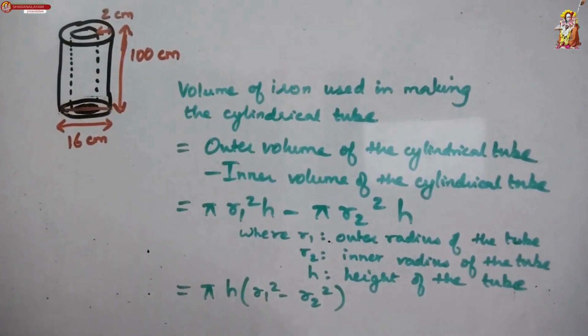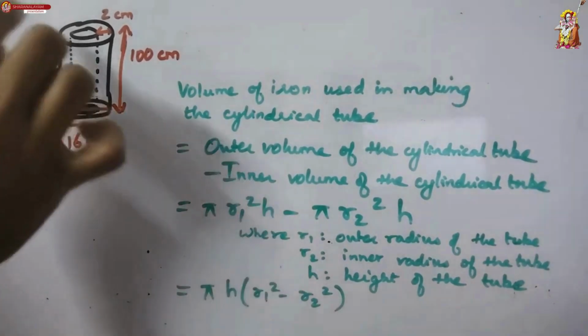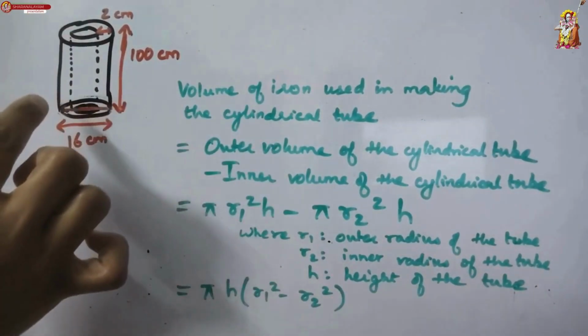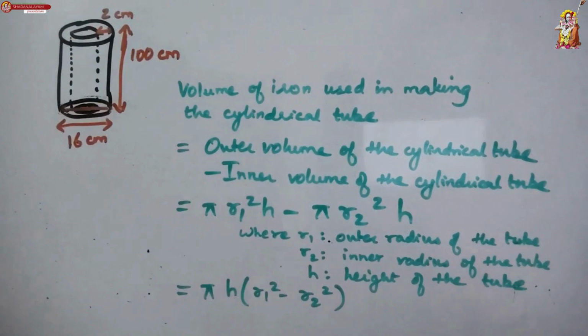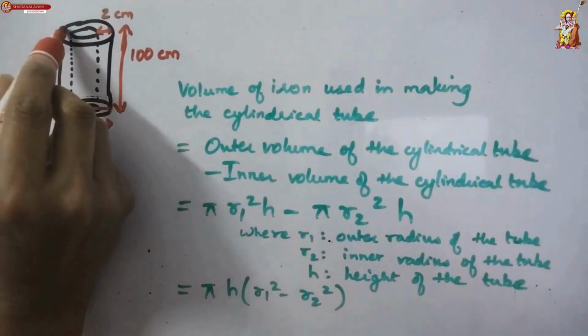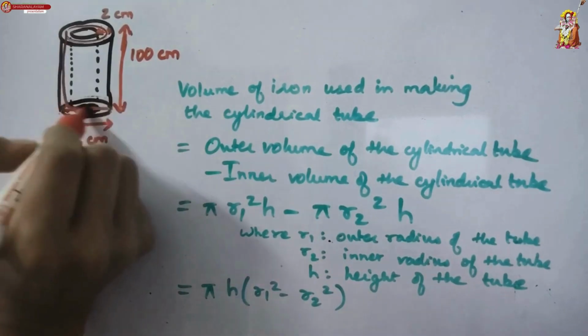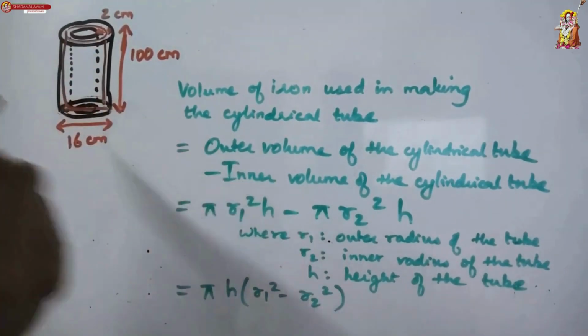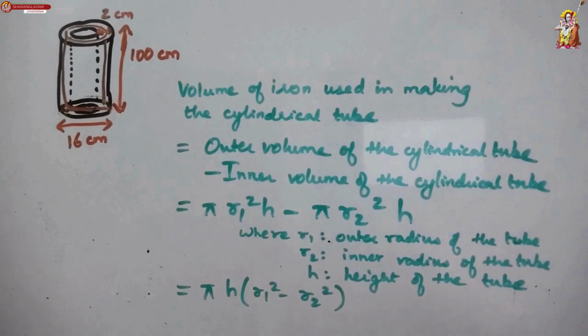Now, the volume of iron used in making the cylindrical tube is the outer volume of the cylindrical tube minus the inner volume of the cylindrical tube. So, that will give us the volume of the iron used in making the cylindrical tube, correct?